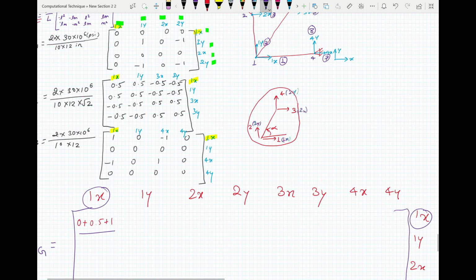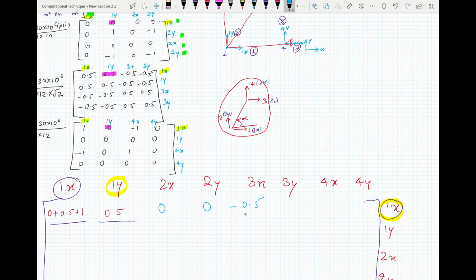Now for the next one, this is 1y and 1x. So 1y, 1x will be this one, this one and this one. You just have to add those up and you will get 0.5. Similarly for 2x and 1x, it will be 0, and 2y and 1x, it will be 0.